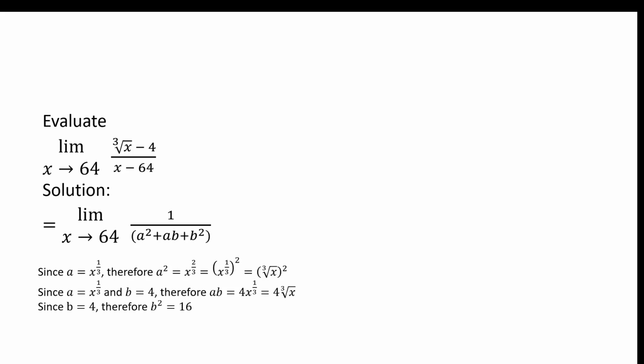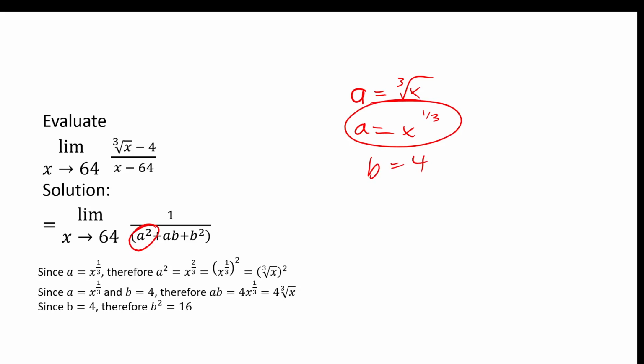Okay? Now, recall that a is the cube root of x. Well, that's like saying a is x to the 1/3. Same thing, b is 4. So, since a is x to the 1/3, a squared must be x to the 2/3.